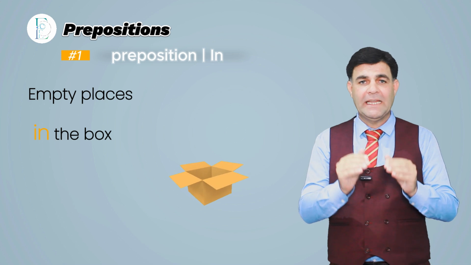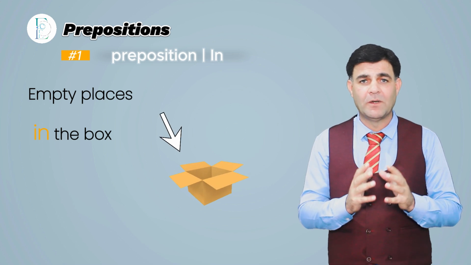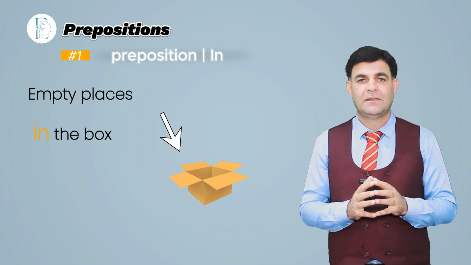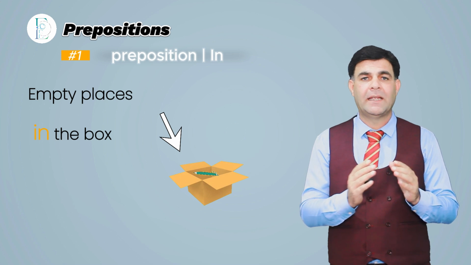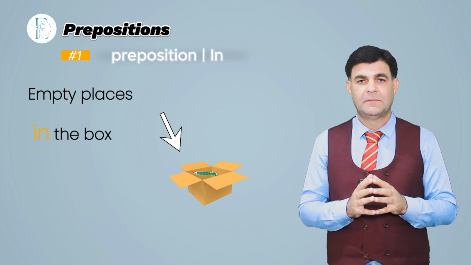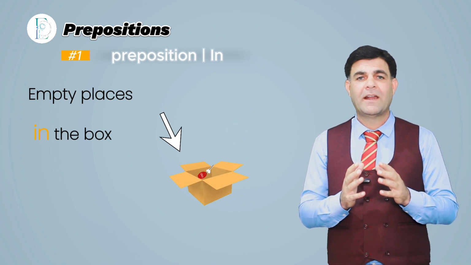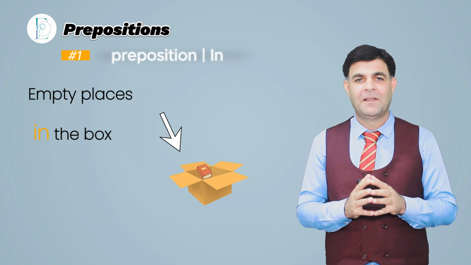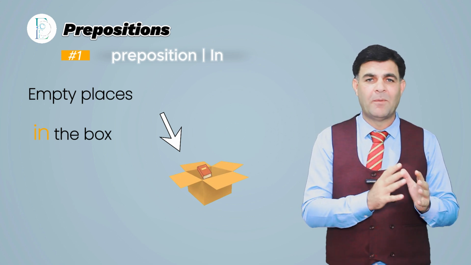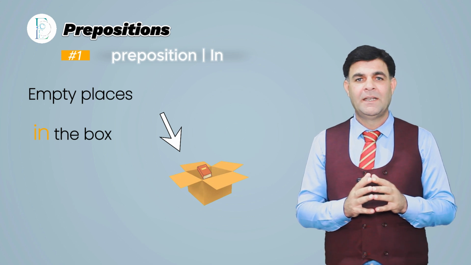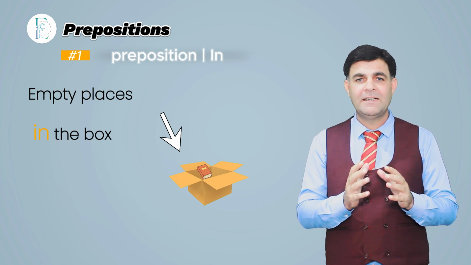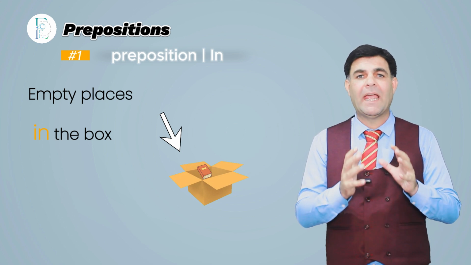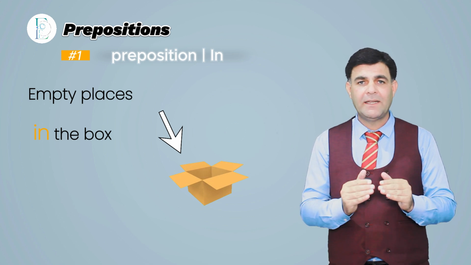You can put inside anything you want. The pen is in the box. My car keys are in the box. My book is in the box. In the box means the box is empty and you can put anything you want.